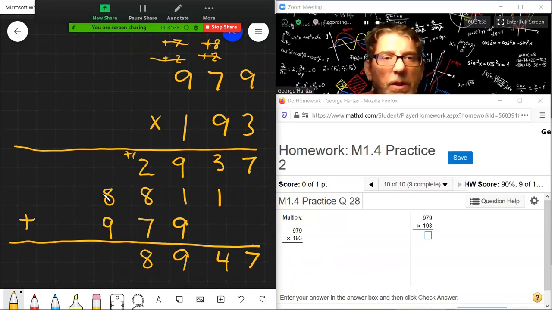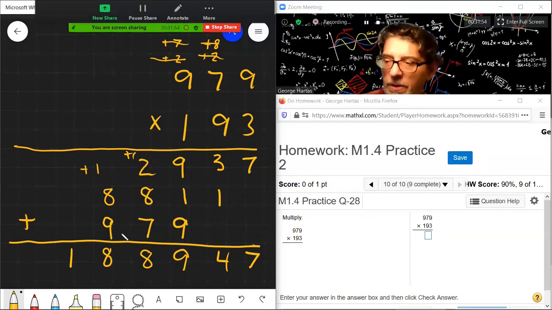Right-hand digit, left-hand digit. 1 plus 9 is 10. 10 plus 8 is 18. Right-hand digit, left-hand digit. All right, so let's see if this works.